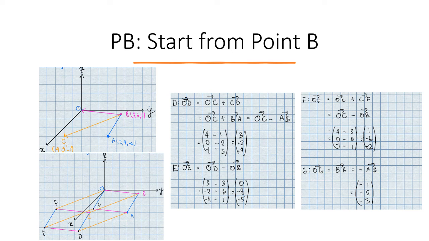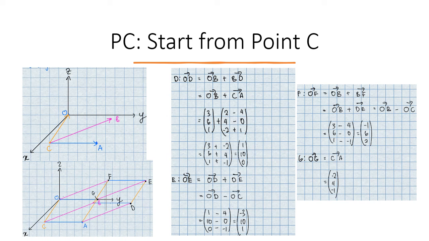Just check, for example, F, 1, 6, 2. So 1, and then go to the left by 6 units. 1, 2, 3, 4, 5, 6. And then on the z-axis by 2 units. 1, 2. So we end up there. So F. There you go. And you can check the other points if you want.